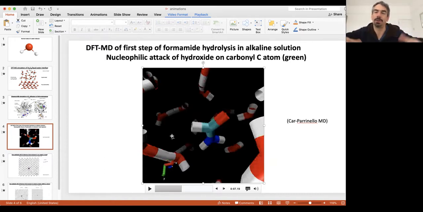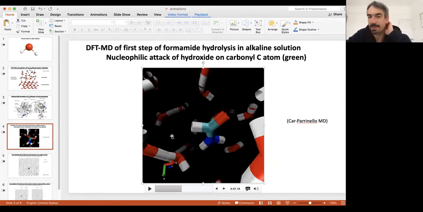I don't show these periodic boxes because it's so zoomed in, but they are there. So it's a real liquid condensed phase simulation. And in addition to the formamide molecule, there's also a hydroxide ion, OH minus. And OH minus is rather well solvated in aqueous solution.